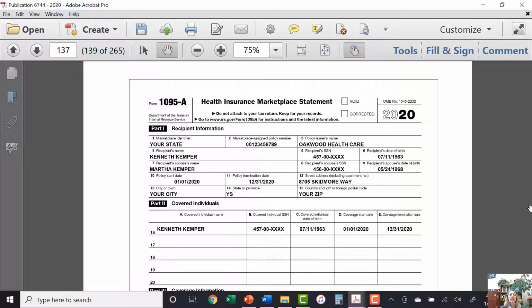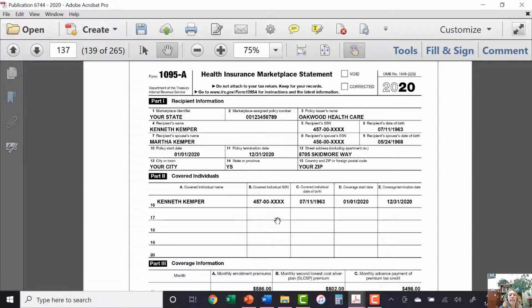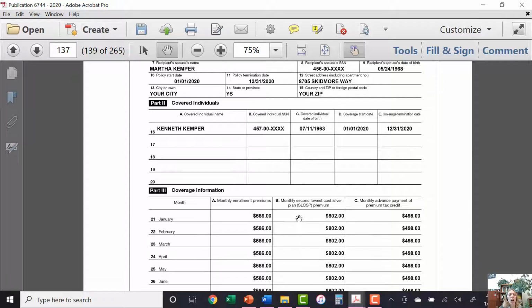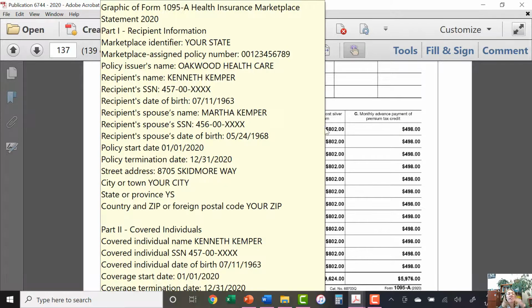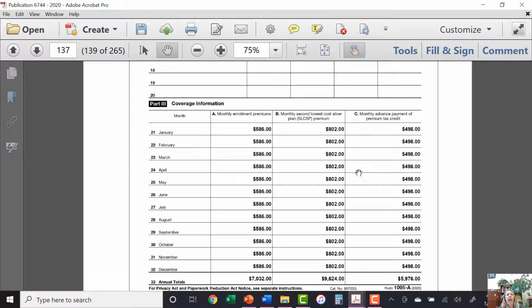Okay, so the 1095A basically says who's covered under that particular plan. Okay, and it says who the covered individuals are, and it has the information. Okay, so the monthly enrollment premiums, what the second lowest one is, and what their premium tax credit is. The premium tax credit has everything to do with marketplace insurance and nothing to do with anything else.